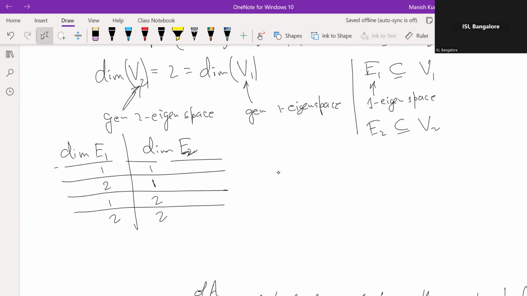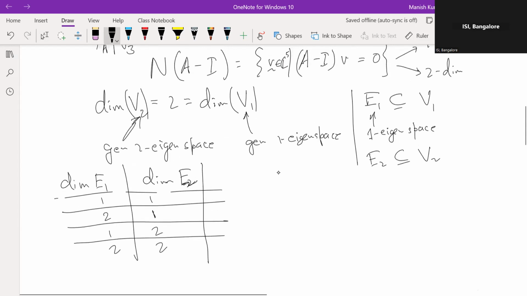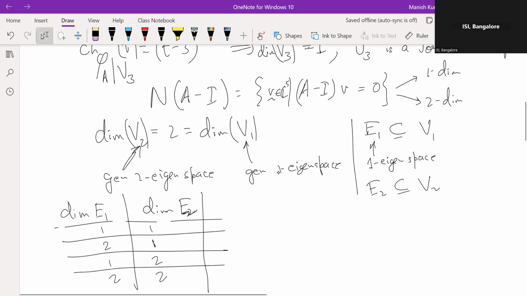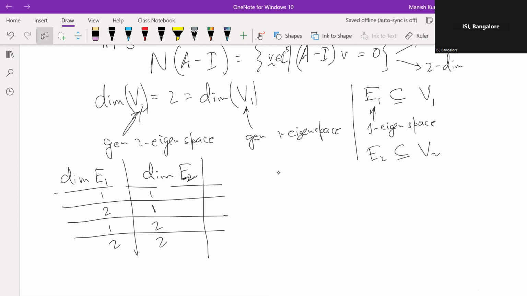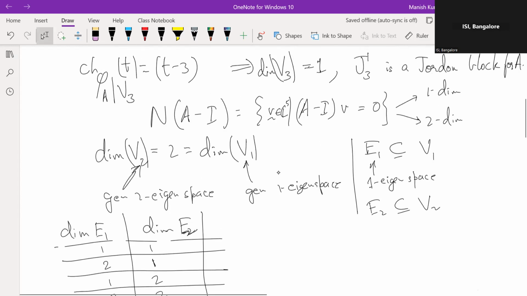Okay. So now in these cases, what are the Jordan blocks going to look like? Say the dimension of E1 is 1. So there is only one one-dimensional eigenspace. Then what does the minimal polynomial look like?